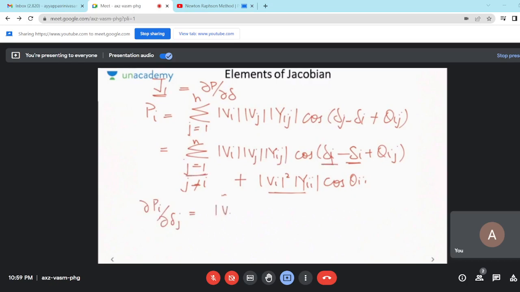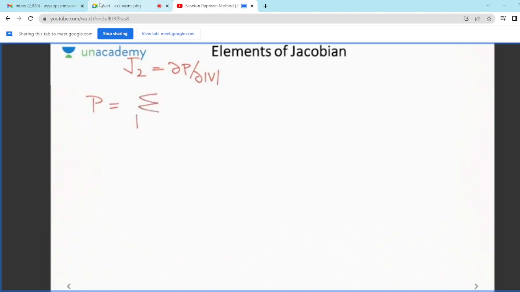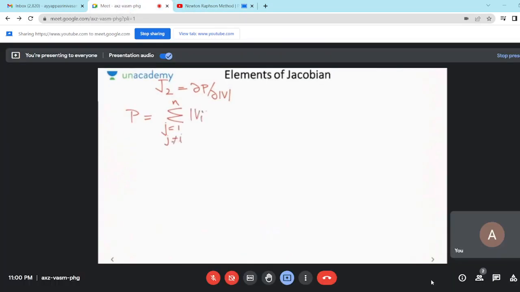It will become mod Vi mod Vj mod Yij cos of delta j minus delta i plus theta ij, plus mod of Vi square Yii cos of theta ii.